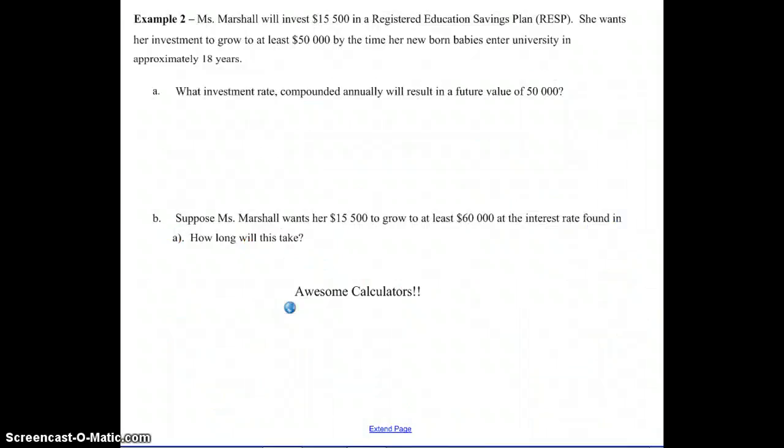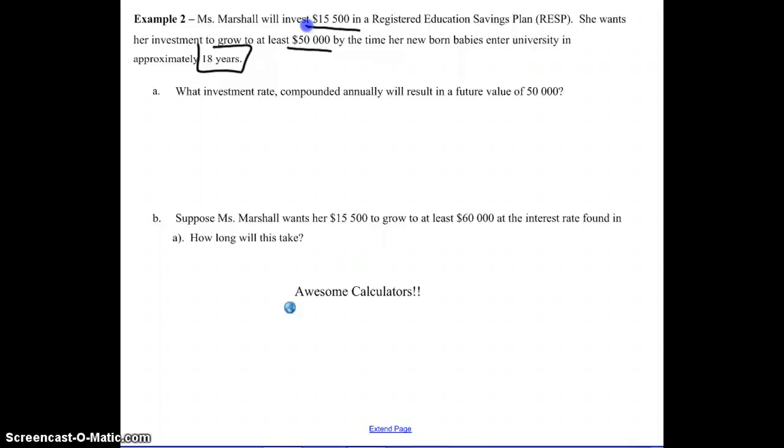Then we have example 2. We've got Miss Marshall who wants to invest $15,500 in a registered education savings plan. She wants it to grow to at least $50,000 by the time her newborn babies enter university in approximately 18 years.